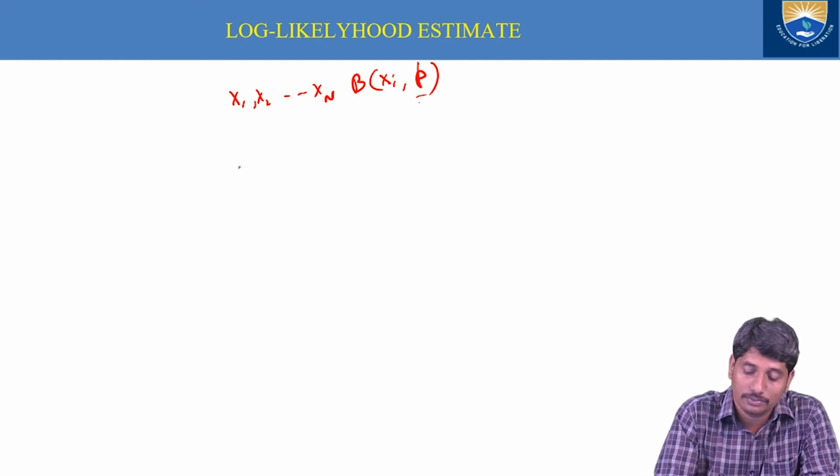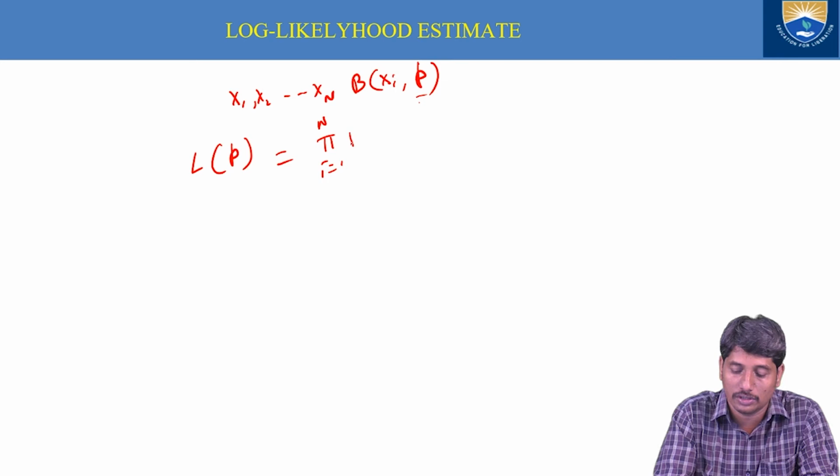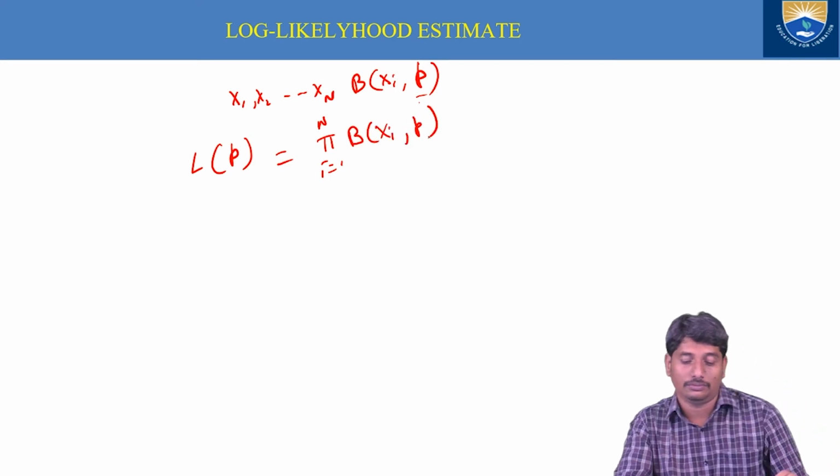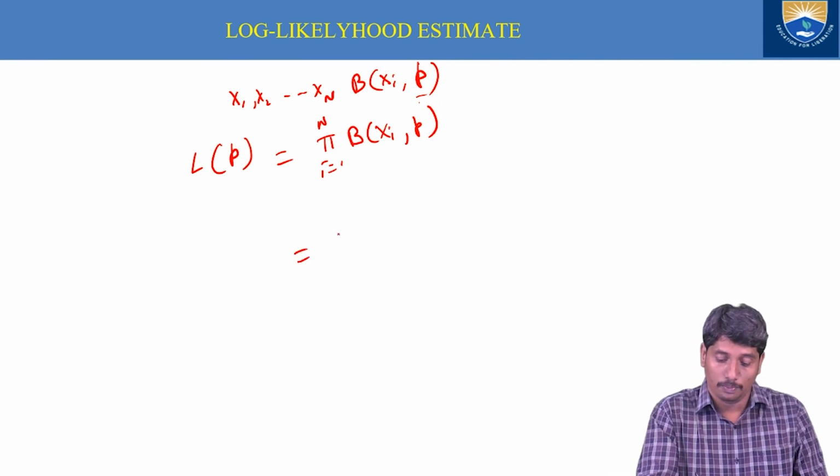Now, according to the definition of the maximum likelihood, it will be the product for i equal to 1 to n of all the binomial variables, that is f(xi, p). We have n variables x1, x2, and so on up to xn. Now, the product for i equal to 1 to n.